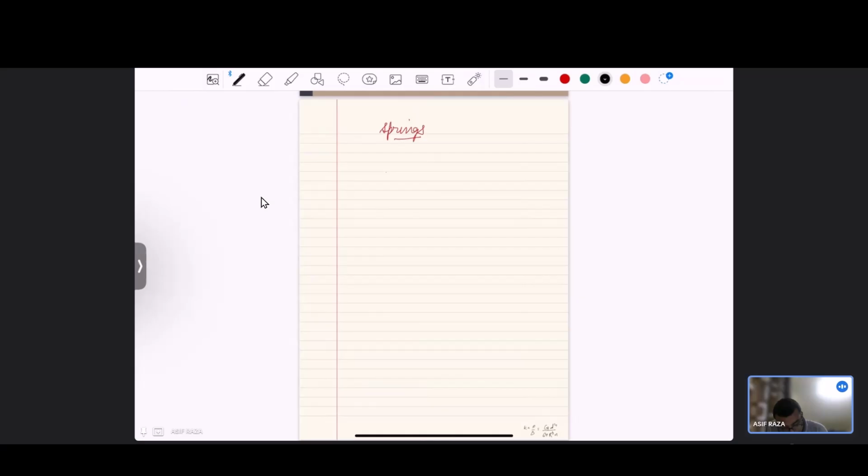So first thing first, springs are like this. Suppose capital D is this, and this is the pitch.